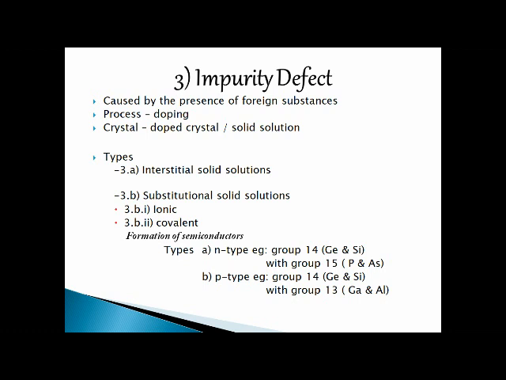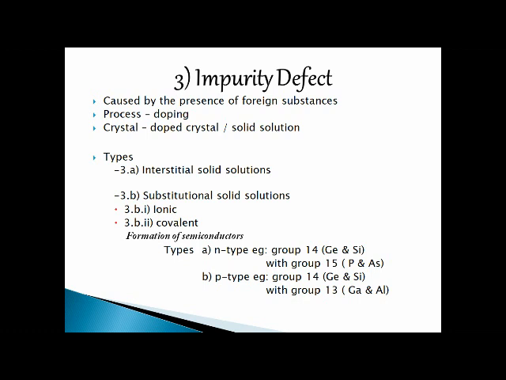Okay, now examples for these two semiconductors. N-type semiconductor is formed when group 14 elements like germanium and silicon are doped with group 15 elements like phosphorus and arsenic.